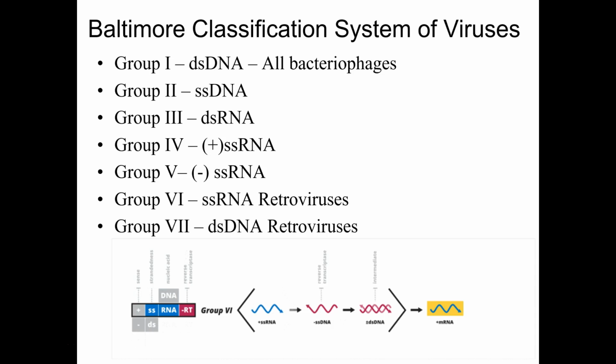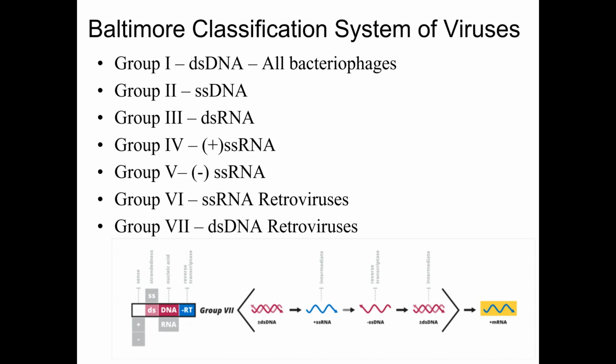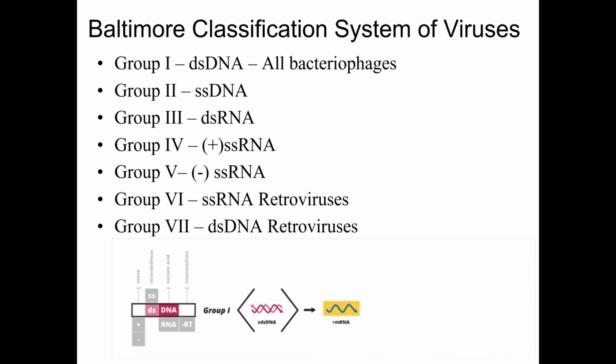What I was alluding to was this. There are 7 major viral groups, defined by what sort of genomic core they have. So here's the sobering thing. Of 7 groups, we have only talked about group 1. All this time, we have focused on just double-stranded DNA viruses, bacterial phages.